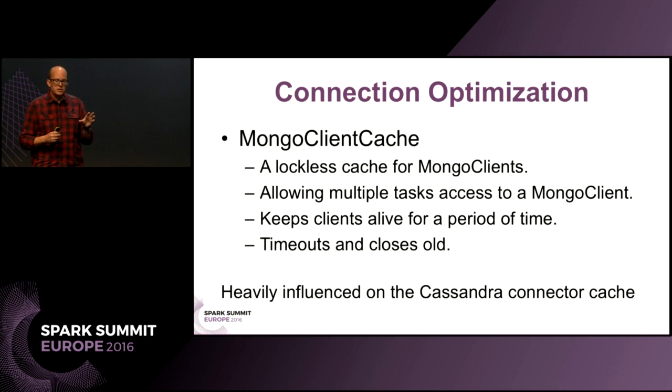It's essentially a lockless cache that allows multiple tasks to use the same client. It will keep them alive for a configurable period of time, so if one task finishes and the next task comes in and needs to use it, it will still be there. And the nicest thing is, because we're using the loan pattern, we can close the client down properly after it's been used and is no longer needed.